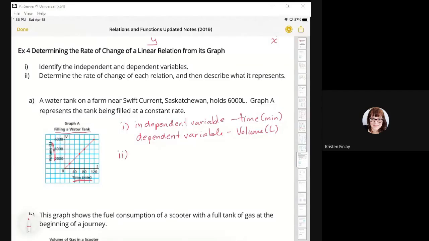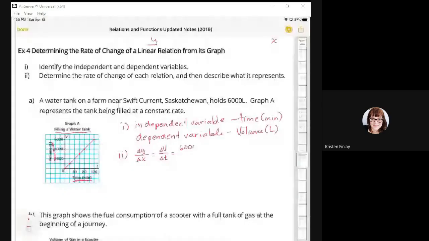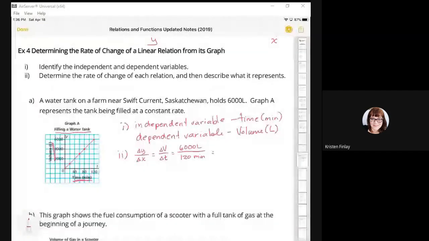So the rate of change, basically what we're looking at is the slope of that line. So it's going to be the 6,000. If we look, it goes from on the top, the change in y over the change in x for our slope would be the same as the change in volume over the change in time. So it changes from 0 to 6,000, so 6,000 liters in 120 minutes. And if we calculate that, that's 50 liters per minute.